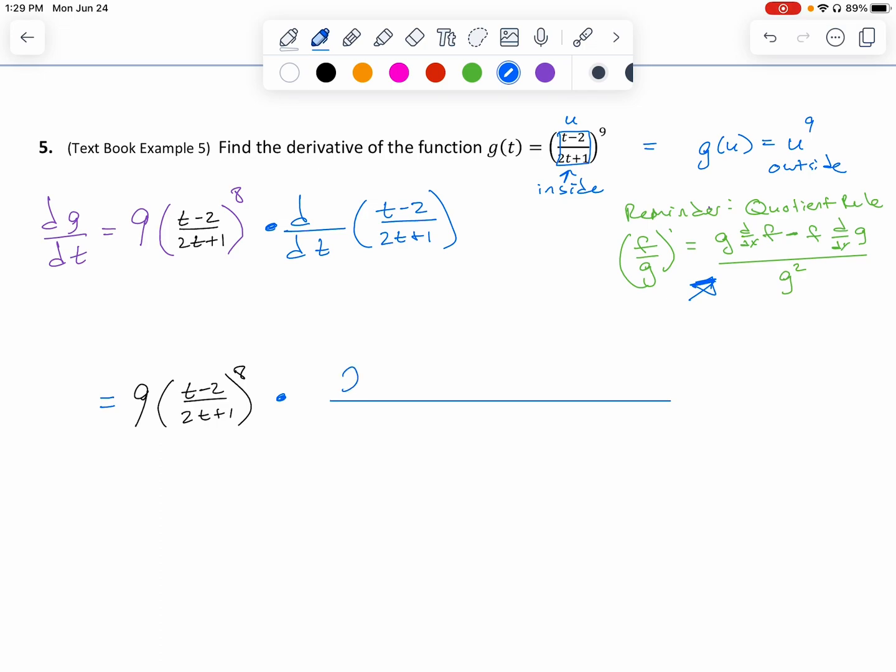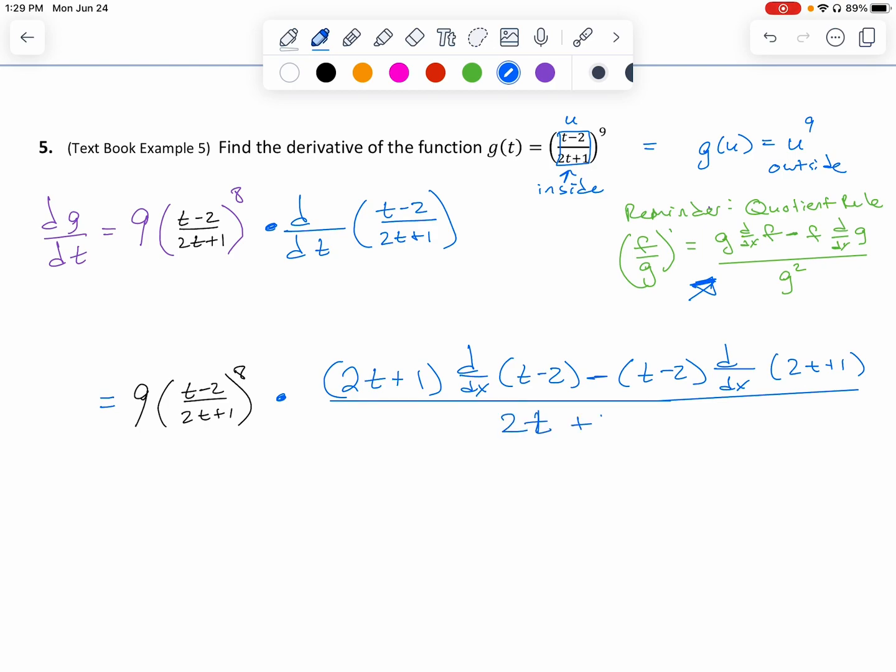So that's low d high minus high d low, all over low low. So I start with the low and I end with the low. Low d high minus high d low over low low.